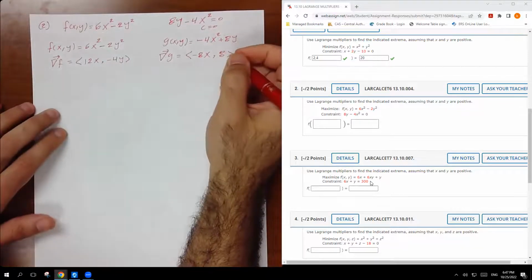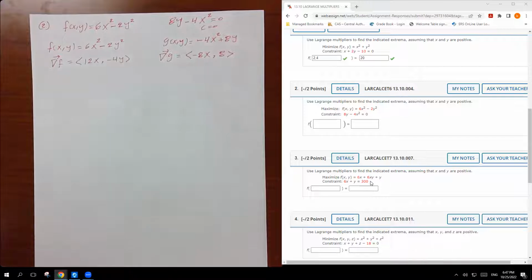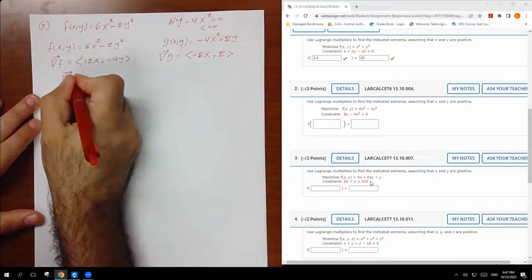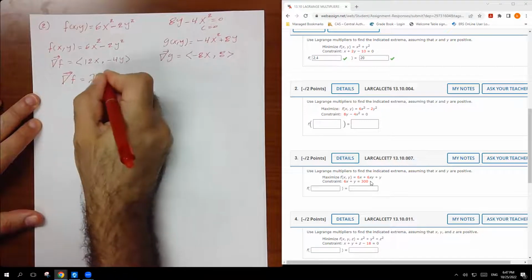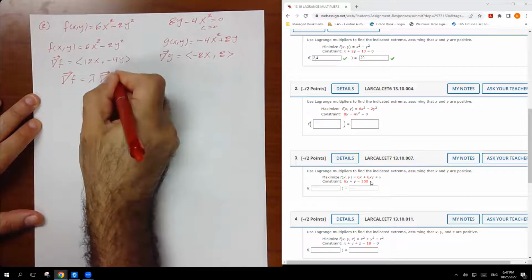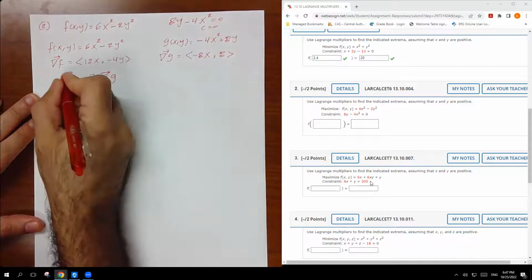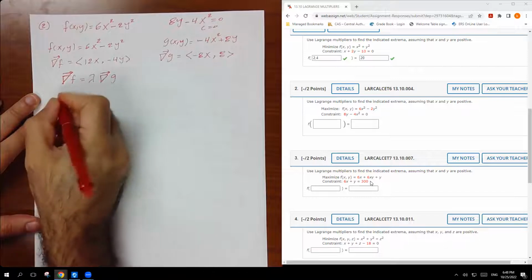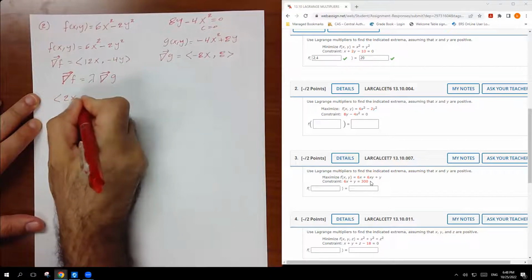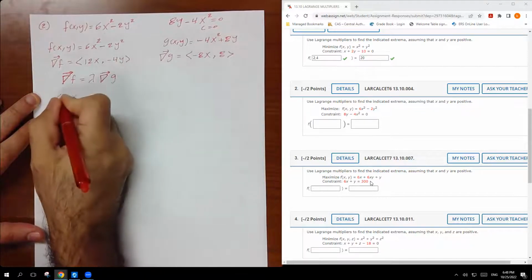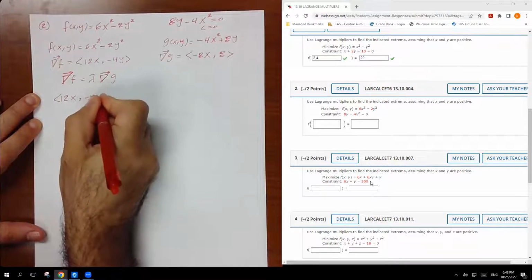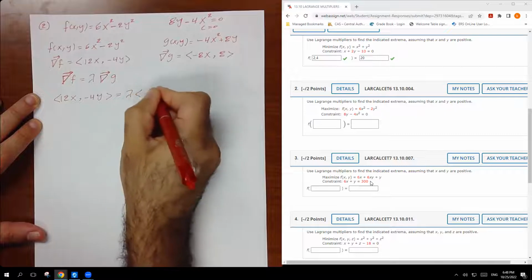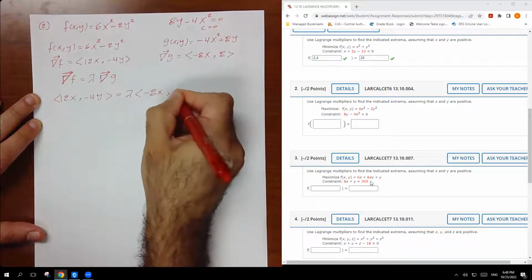So next step, what we're going to do is say the gradient for f equals lambda times the gradient for g. That means (12x, negative 4y) is going to be equal to lambda times (negative 8x, 8).